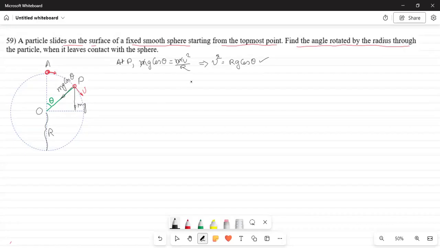Second thing, as I said, we have to think of the energy equivalence. It started from here. At this point, it has just started. It did not have any kinetic energy. It had only potential energy. So we write potential energy U at A will be equal to potential energy U at P plus the kinetic energy E at P. There is nothing else to remember, right?